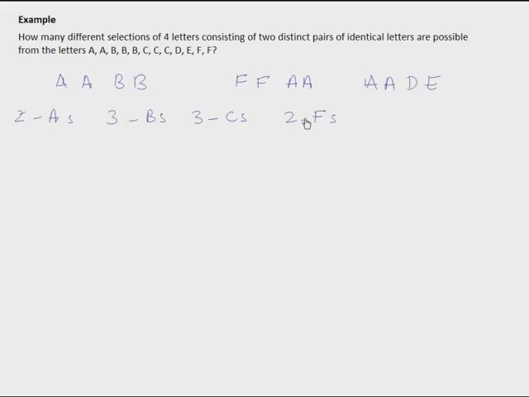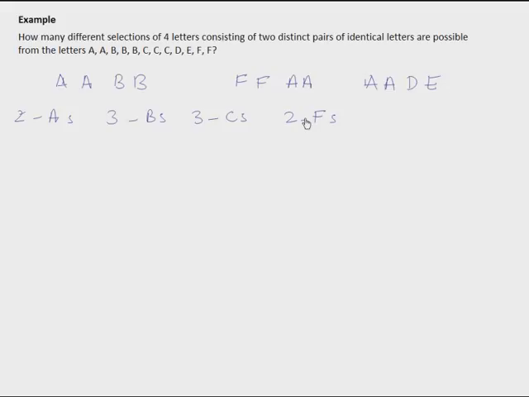Now the question has been simplified. I have 4 letters which have enough copies to make a pair. I have 4 letters and I need to pick 2 letters out of them. Why just 2 letters? Because when I pick an A, I know I'm going to pick 2 of them. I need a pair of identical letters. When I pick an F, I'm going to take 2 F's because I need a pair of identical letters.